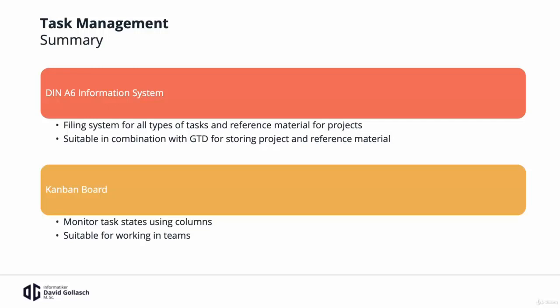We have multiple columns that represent the state of each task, and we have at least 3 columns: the to-do column for open tasks, the doing column for tasks in progress, and the done column for tasks that are fulfilled.